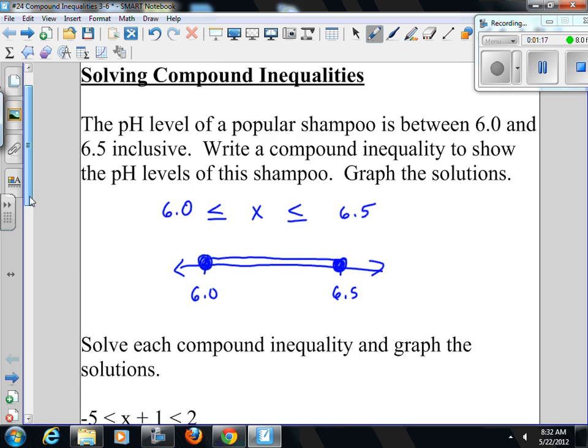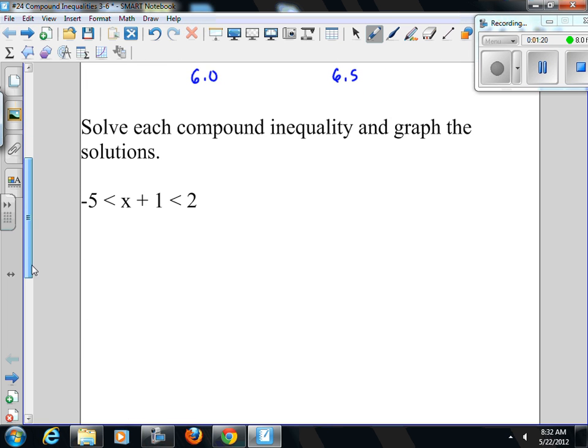Okay? Now it says solve each compound inequality and graph the solutions. This is exactly the same thing as when we solved inequalities before, we solved equations. The only thing is now there are three parts. Draw a line down through each arrow. That is going to help you more than anything. Now, the way we would normally get x alone is we subtract 1.